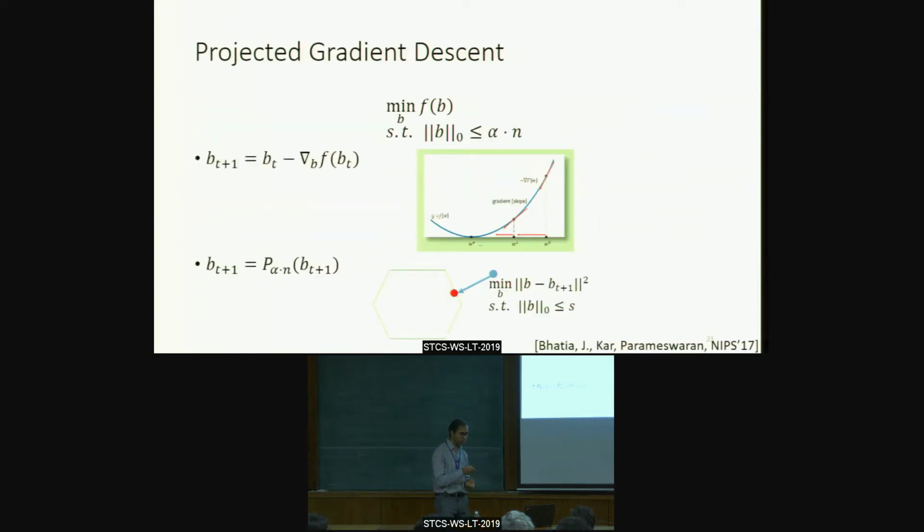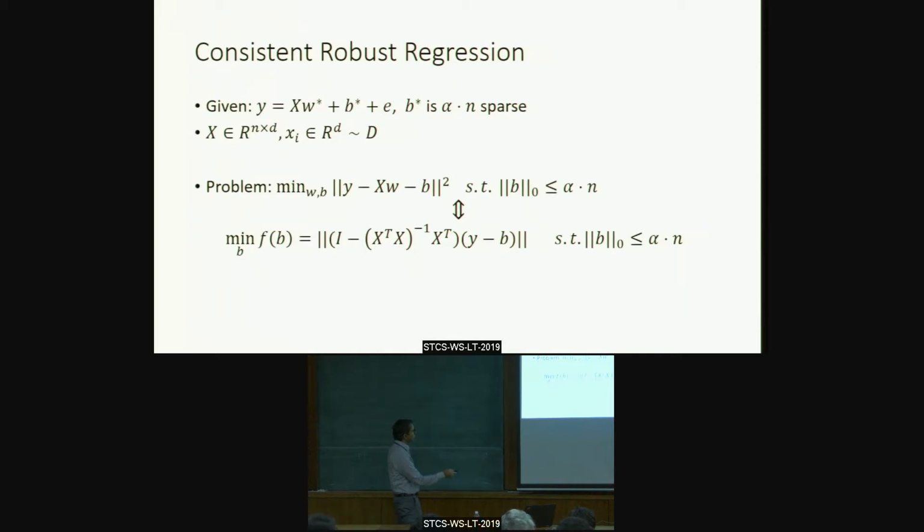Remember, we reduced this problem to solving a constrained optimization problem. You want to minimize this function, such that this vector b is sparse. It has at most alpha times n non-zeros. And we will try to solve this problem using a simple projected gradient descent method.